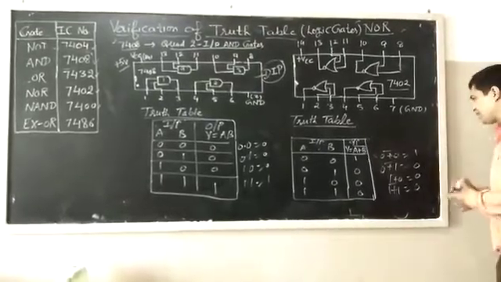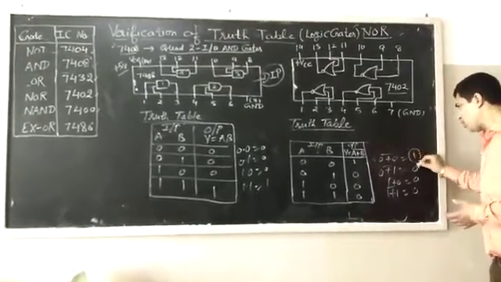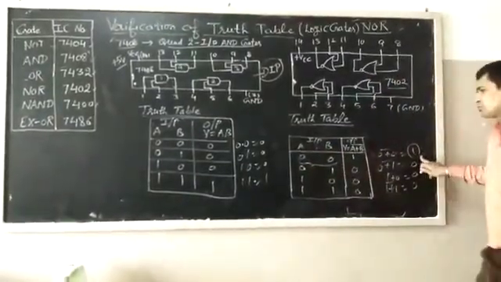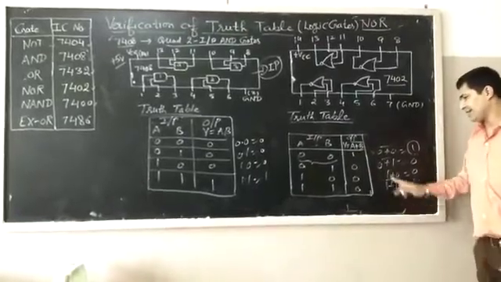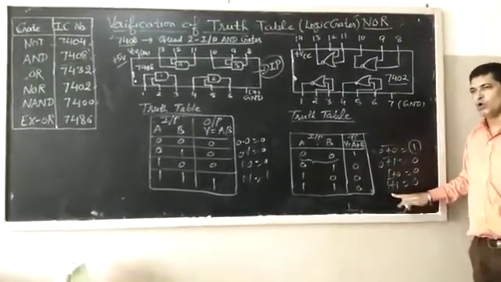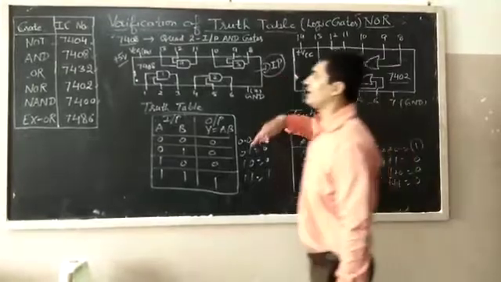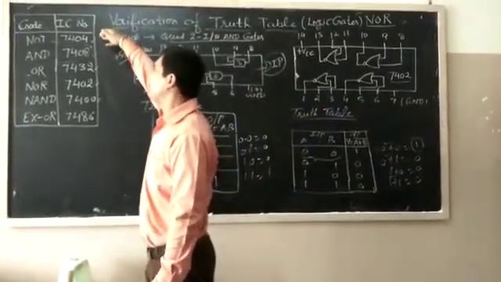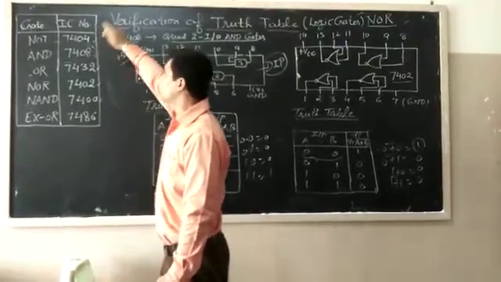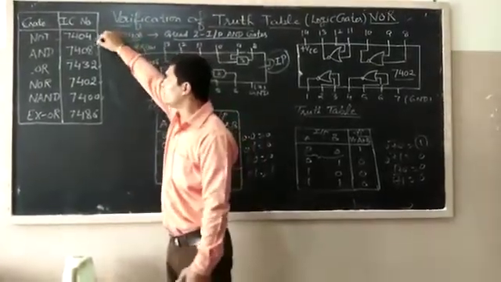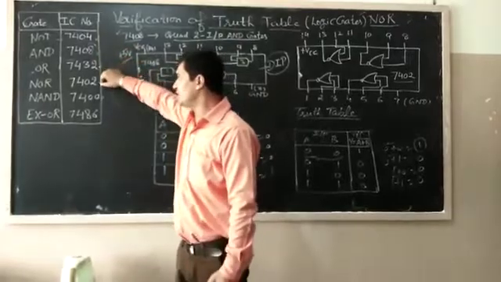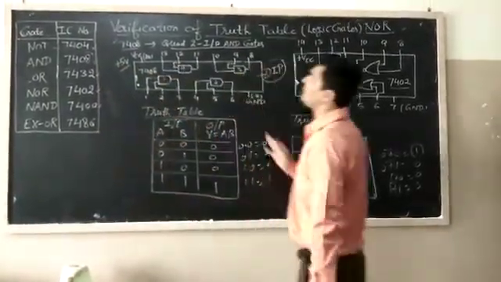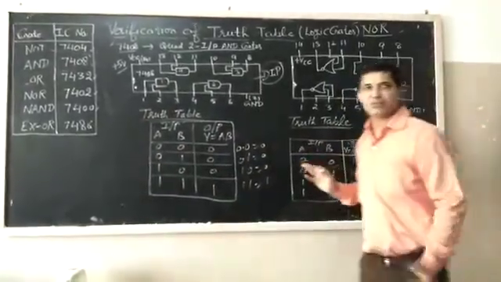Here we can conclude that output is high if both the inputs are low, otherwise it is low. Similarly, we can verify the truth table of any IC: 7404, 7408, 7432, 7402, 7400, 7486. Its pattern will be the same as it has been displayed on the board.